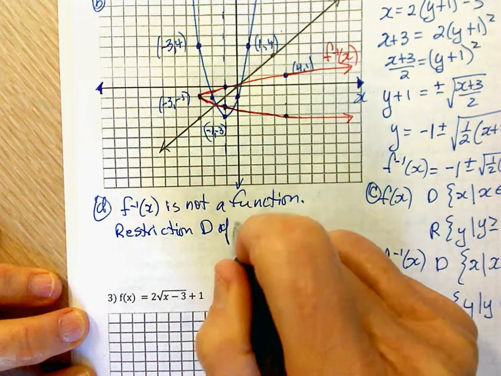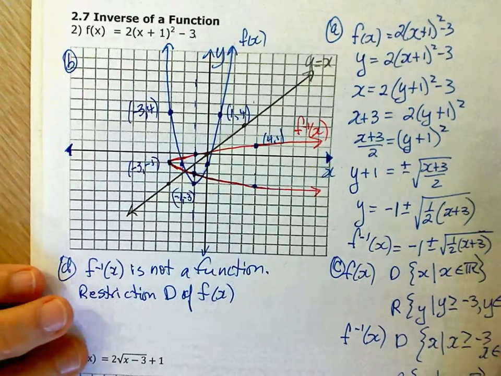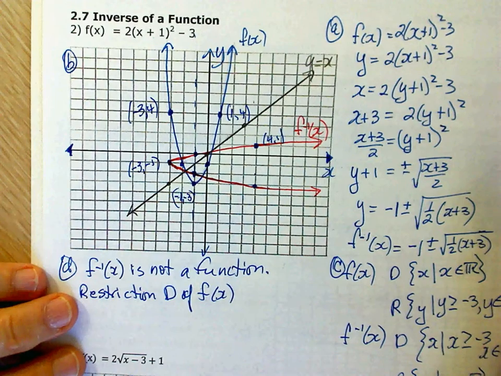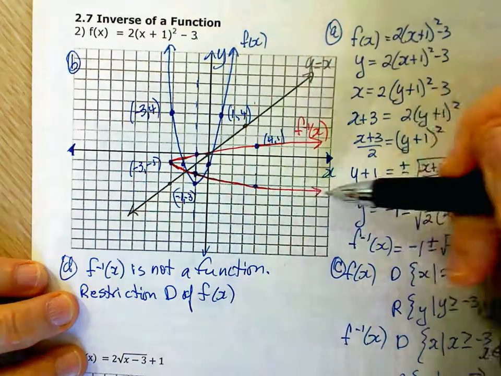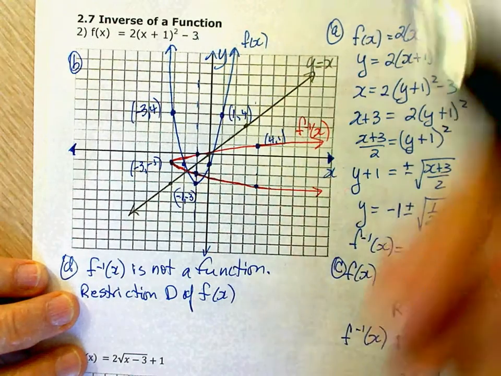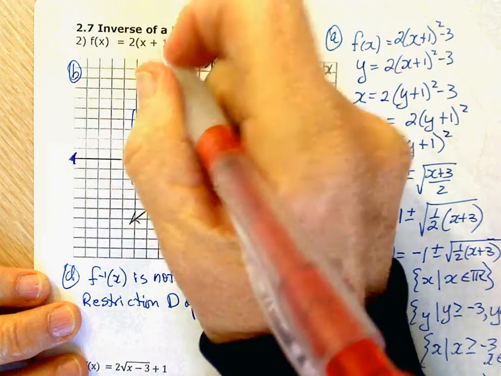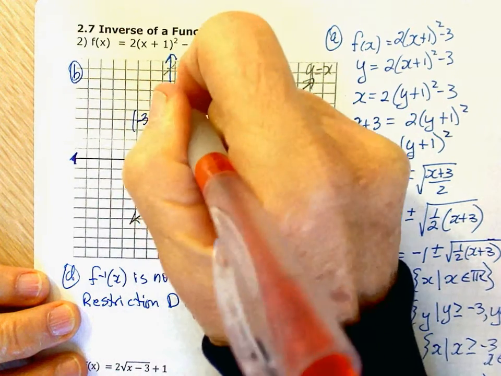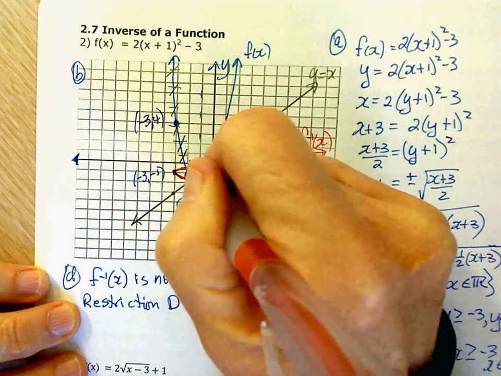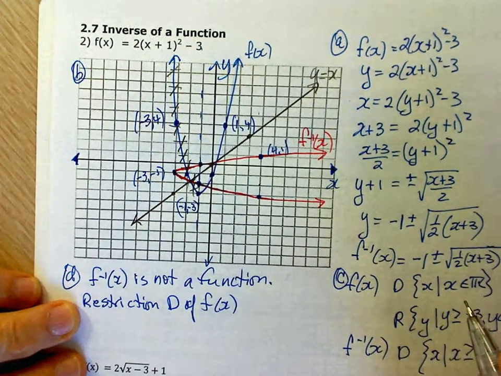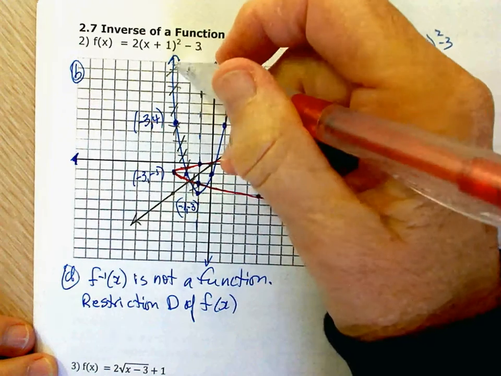And how will we do that? We're going to chop it in half so there's only one branch. Remember that the left branch reflects to the bottom branch of the inverse. So we are just going to slice it in half. It doesn't matter, we would accept two answers on this one. So if we chop off the left, that will chop off the bottom.